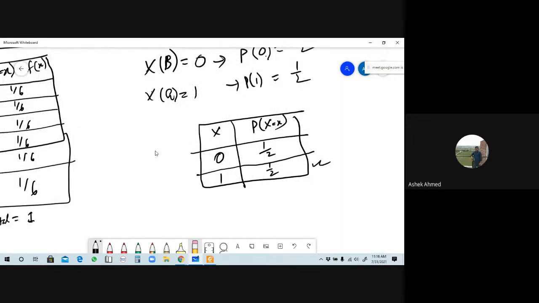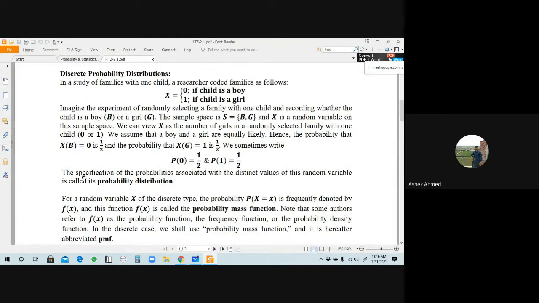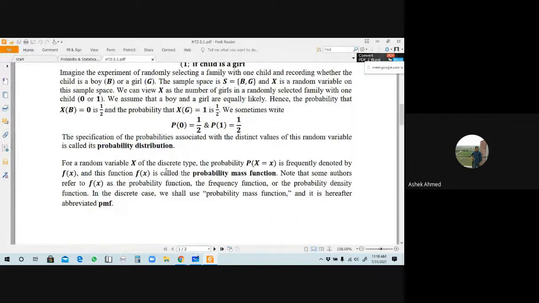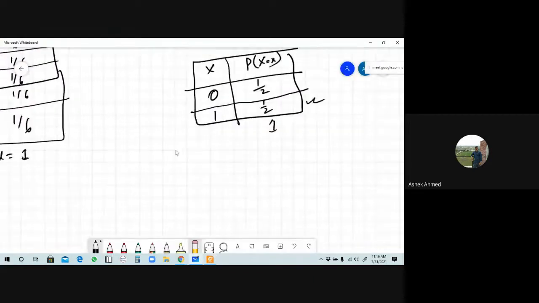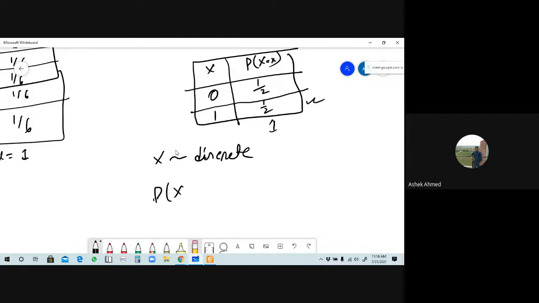If you sum half and half, this will be 1. So we can say that this is a probability distribution. Now for a discrete type random variable, if X is discrete, the probability of capital X equals small x will be denoted by a small f of x.